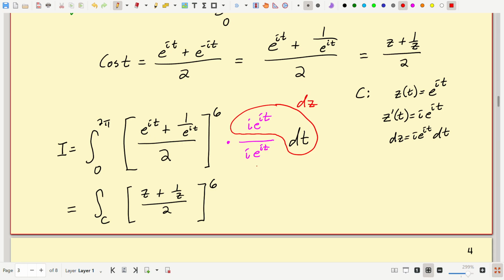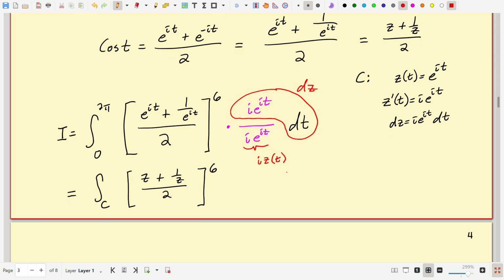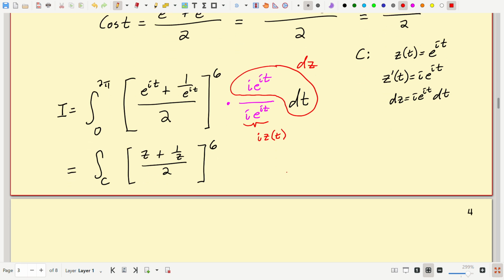And because it's a unit circle and there are so many relationships going on here, this thing right here is i times z. So when you look at that, you realize, aha, I have 1 over i times z times dz.